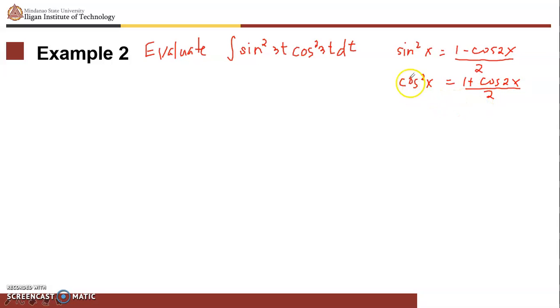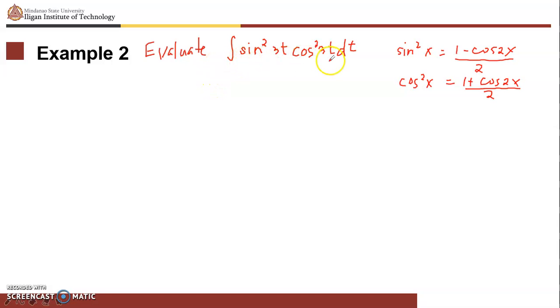Remember the mnemonic device that I gave you? Notice that you have the same quantities except for the negative and the positive sign. So if you have sine squared, there is an n here, then you make use of the negative value here. Okay, so that's a mnemonic device.